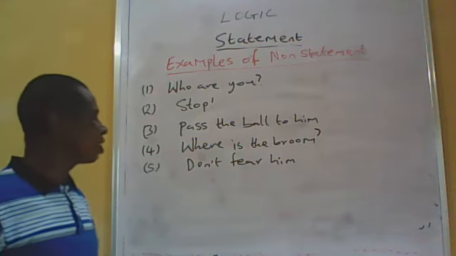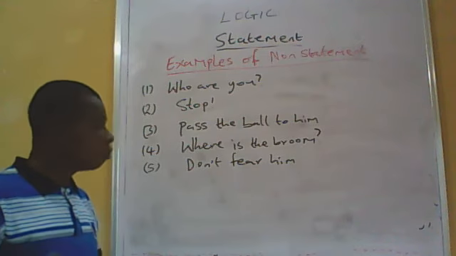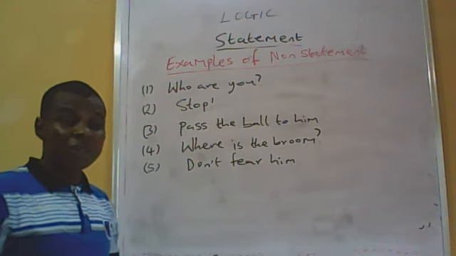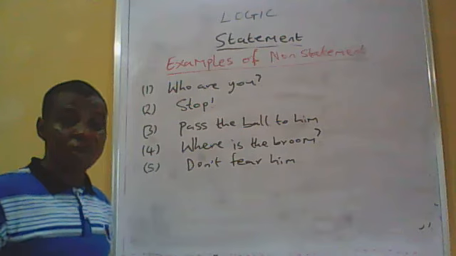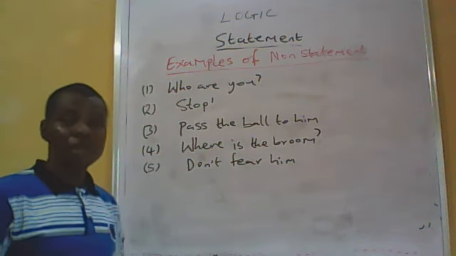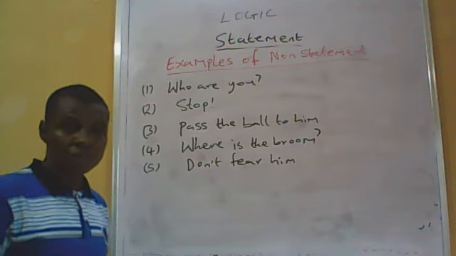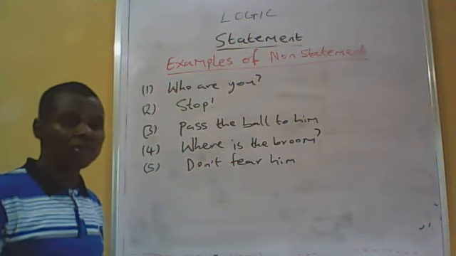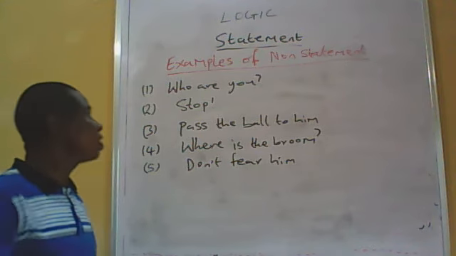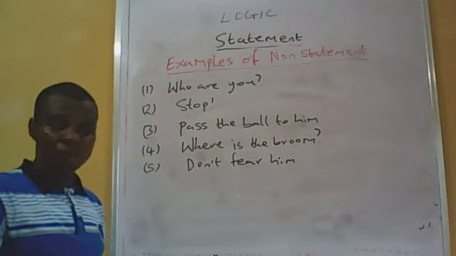This statement cannot be judged to be true or false. It's a question. Another one, don't fear him. It's also a kind of advice or command or instruction. So it's not a statement. It's a non-statement. So these are examples of non-statements, mentioned but few.